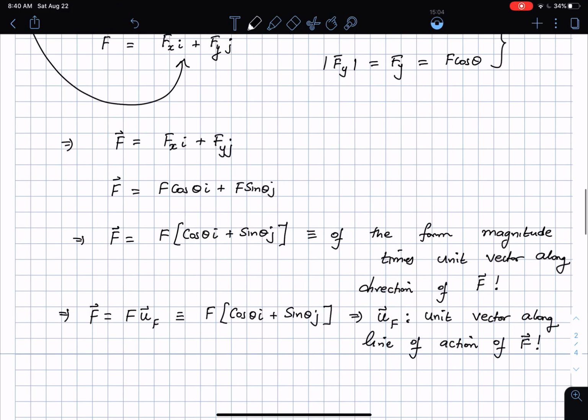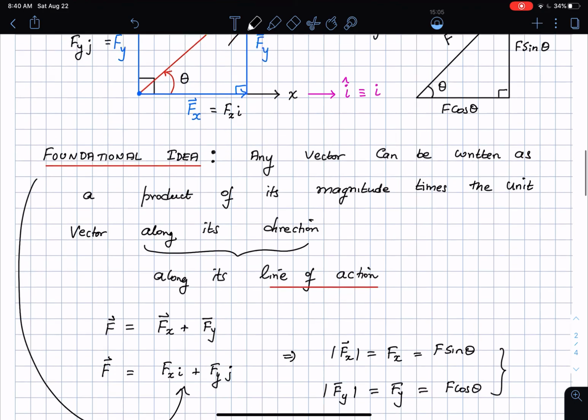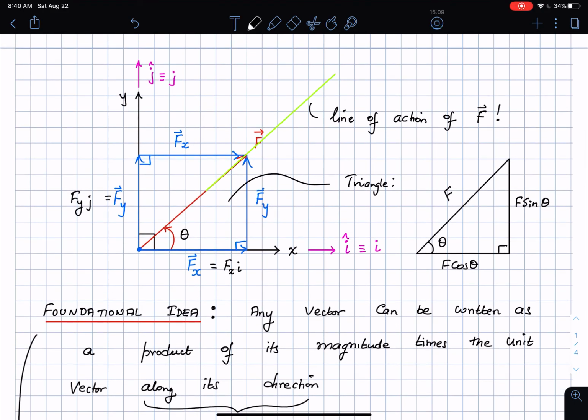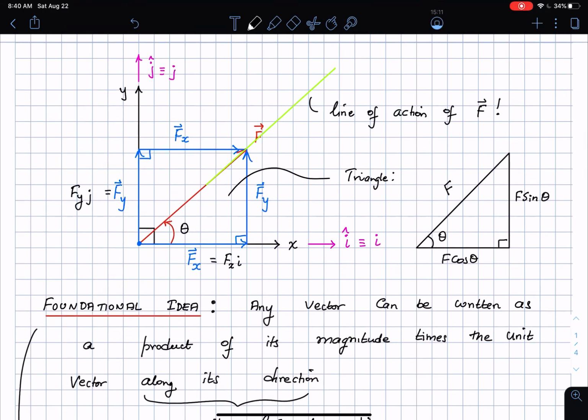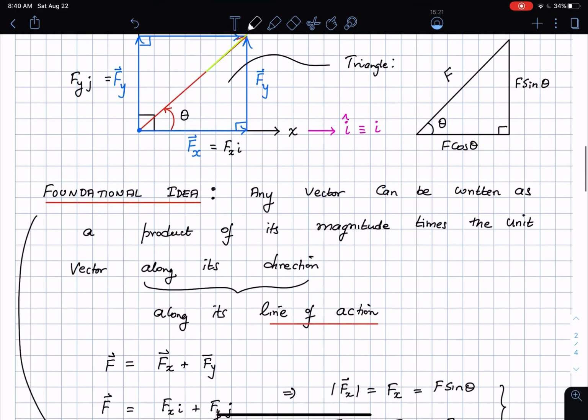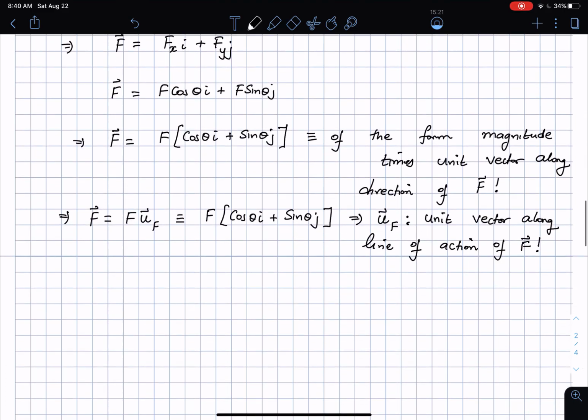And you can pretty much see the following. If this was the initial vector f, then if I draw a unit vector along its line of action, then this is going to be the direction of u suffix f. And one more thing that I want to talk about, the magnitude of the total vector itself.